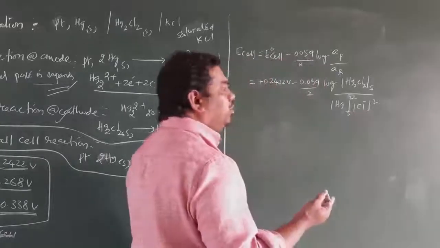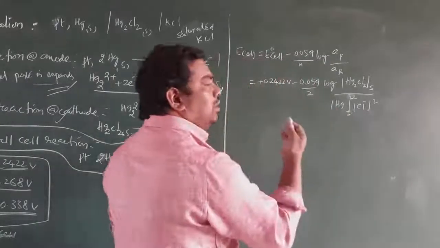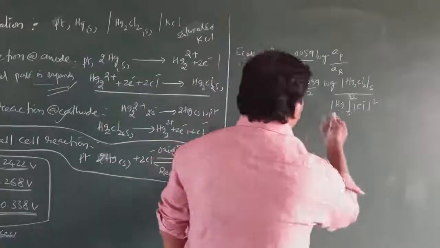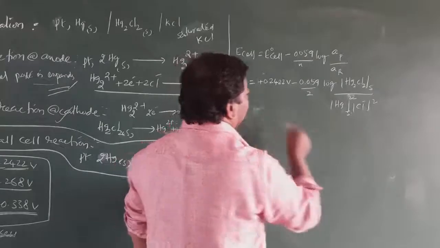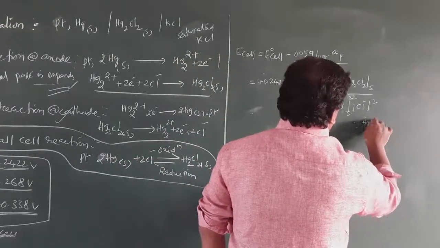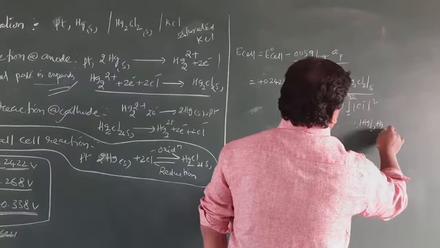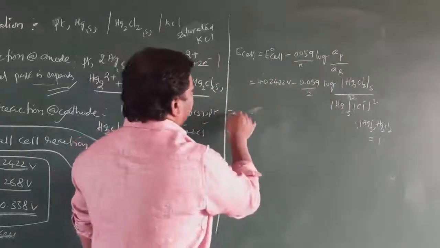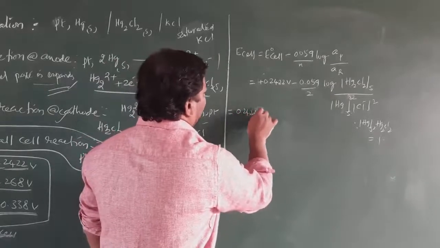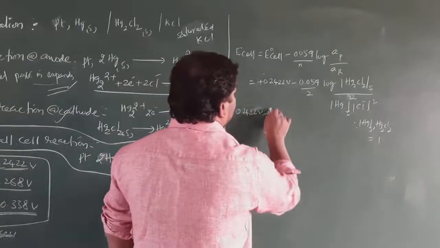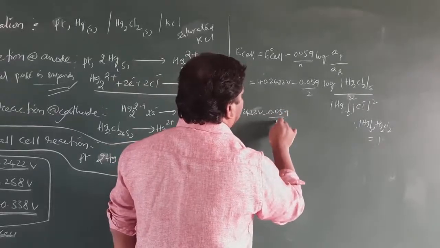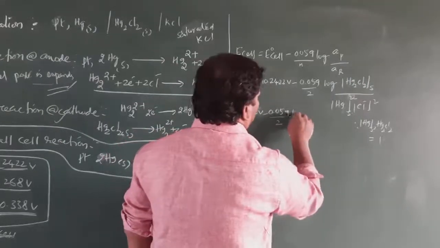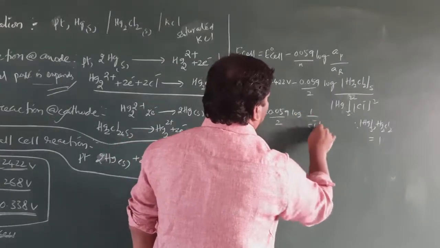So we already know very well that for components present in the solid phase, we generally assume the value is equal to 1. Since Hg is solid and Hg2Cl2 is solid, we are taking them as 1. Clear, student? So that is equal to 0.2422 volts minus 0.059 by 2 into log of 1 by Cl minus whole square.